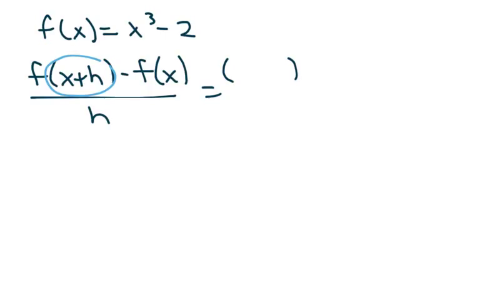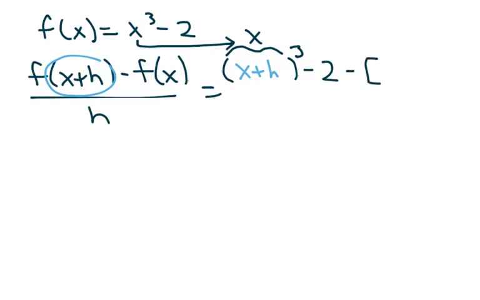Now don't forget to add your minus 2 here when you do that. So now we're going to have x plus h, and this is cubed. Our x is cubed. So this was our x from here. Alright, minus your whole function, which is x cubed minus 2.